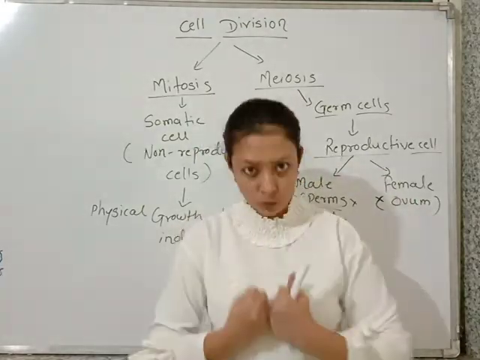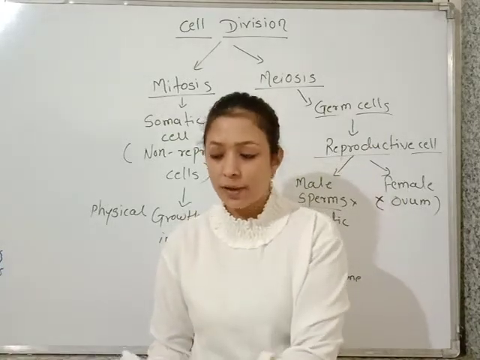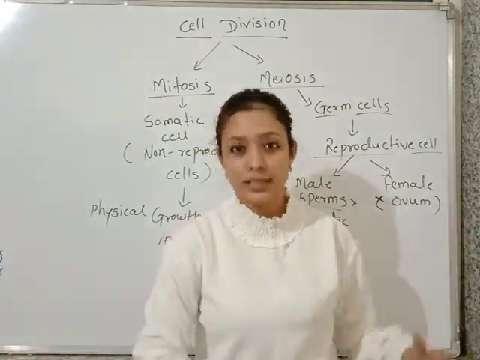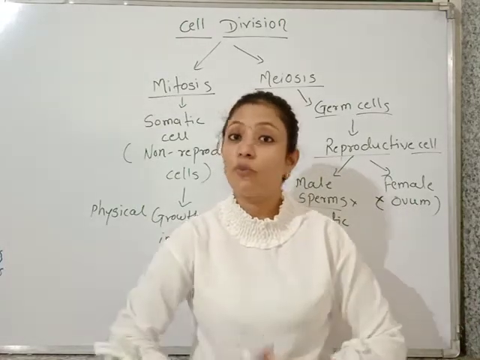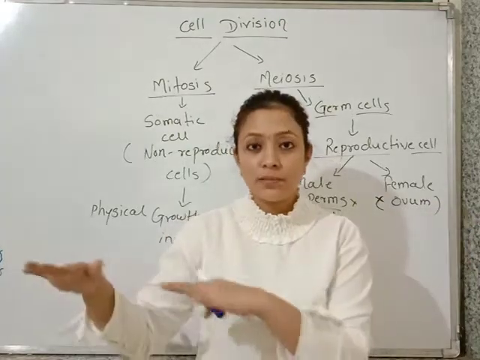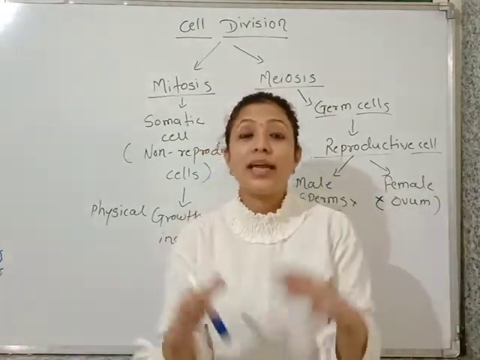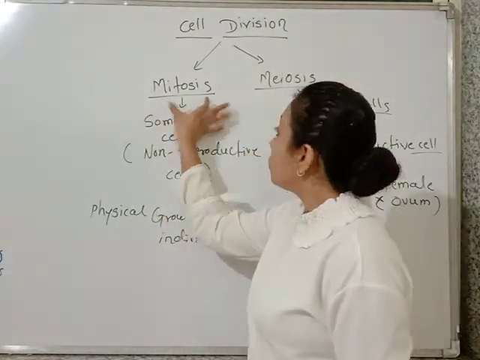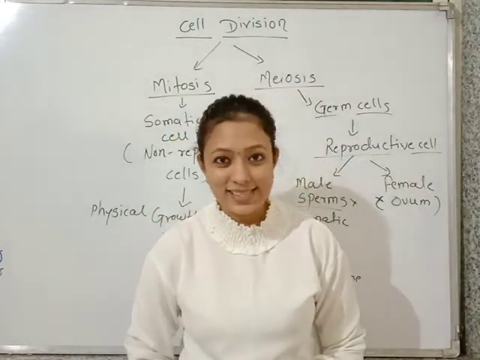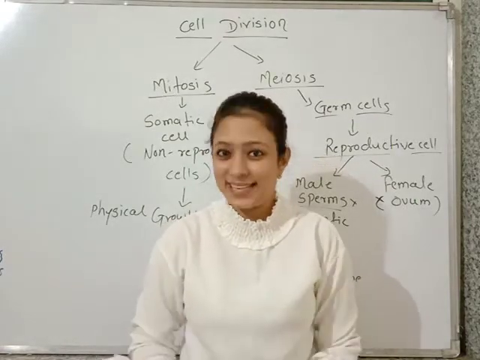Like us, when we were born, we were small children, and gradually we grow in size and ultimately become adults. This growth from a newborn baby till adulthood is due to the process called mitosis, where one cell divides to form two cells.